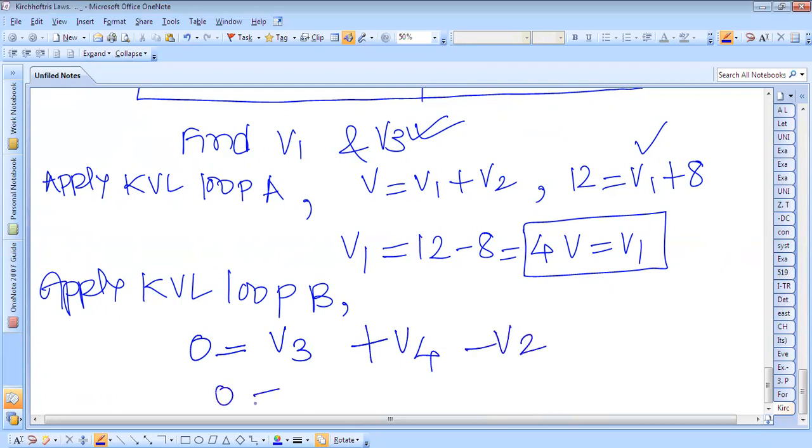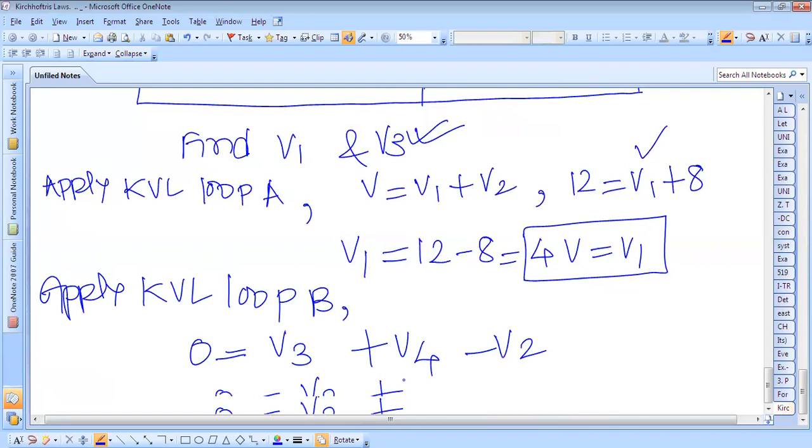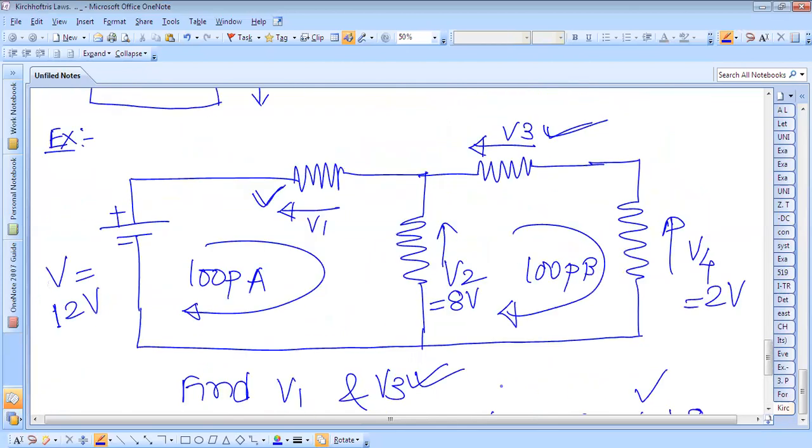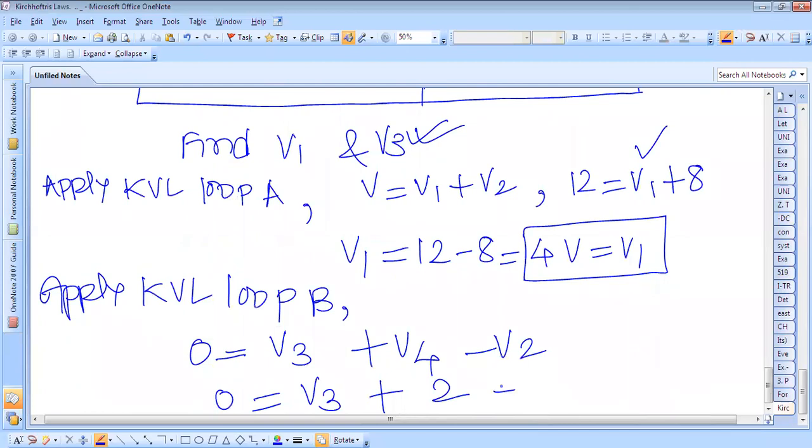V3 we have to calculate, and V4 is given as 2 volt, and V2 is given as 8 volt.